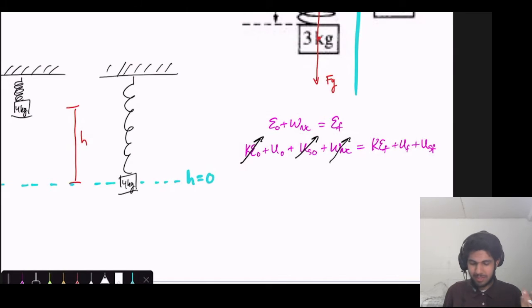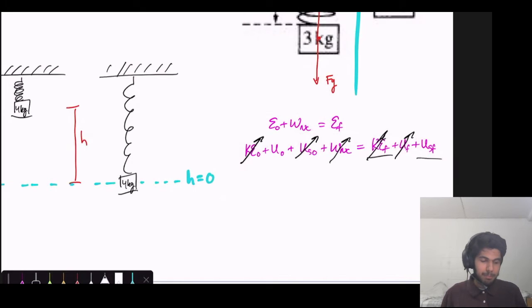So if it momentarily stops, there's no kinetic energy at that point. And similarly, we defined h equals 0 to be this point where the block stops. So if h equals 0 at that point, then there's no potential energy, because when we have U equals mgh, that's just going to go to 0.